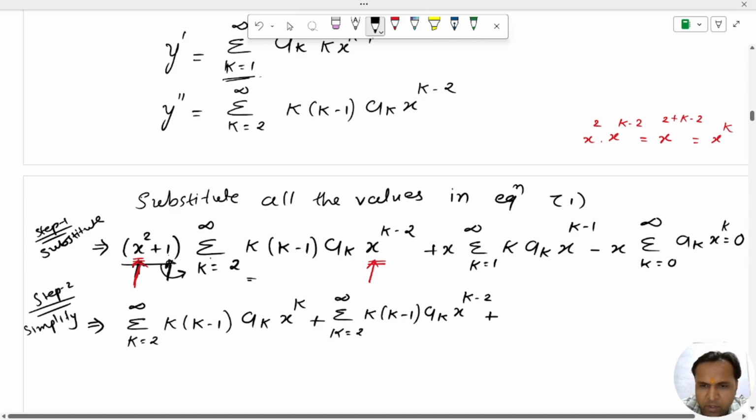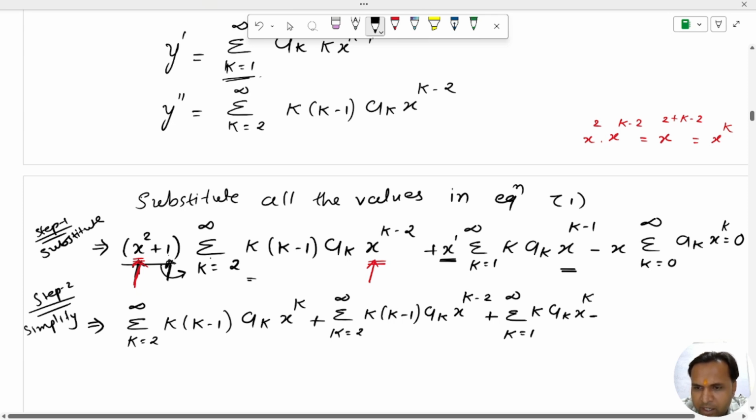Now if I multiply x with k x raised to k minus 1, similarly the 1 cancels out because we can say this is x raised to 1. So it becomes summation k equal to 1 to infinity, k a_k, x raised to k.